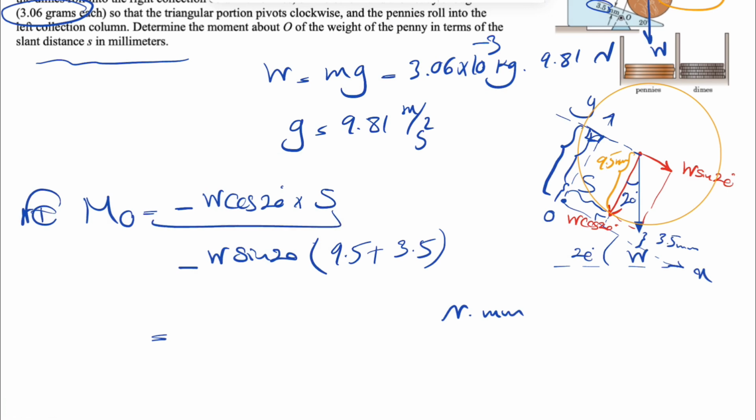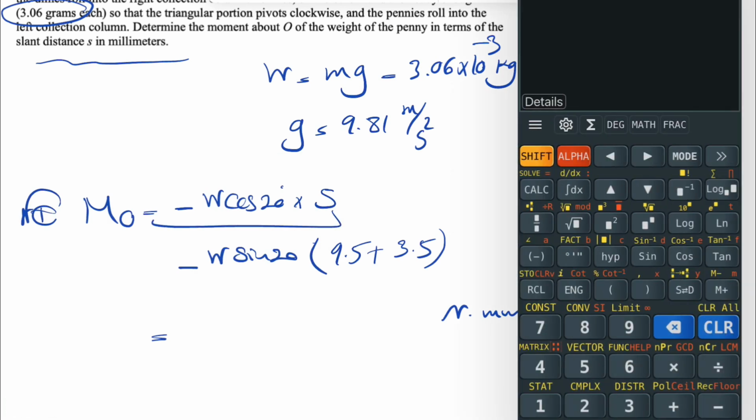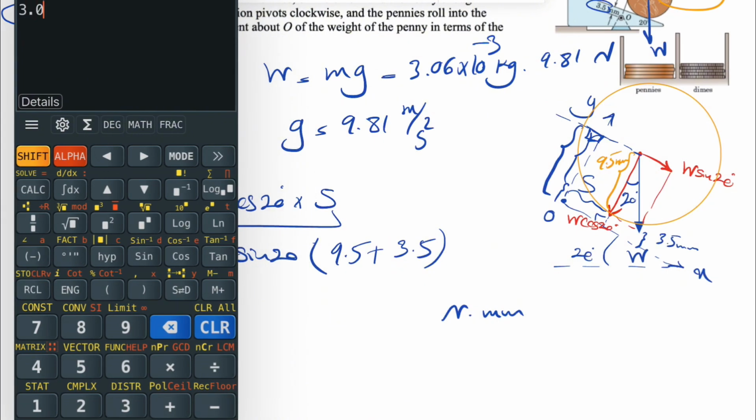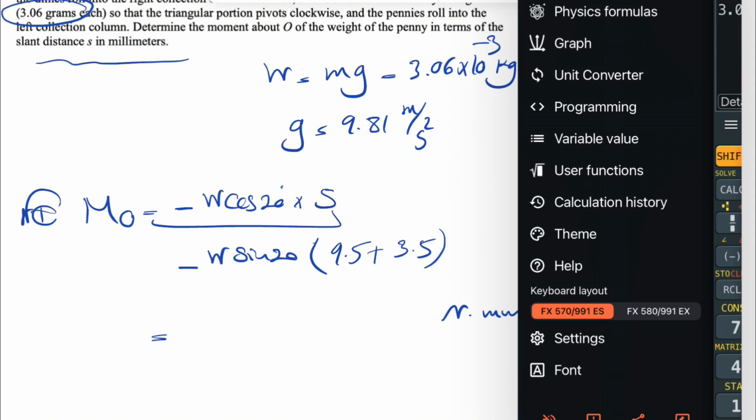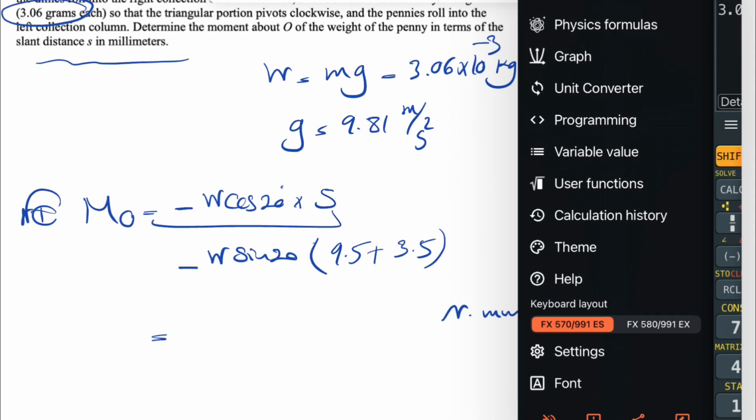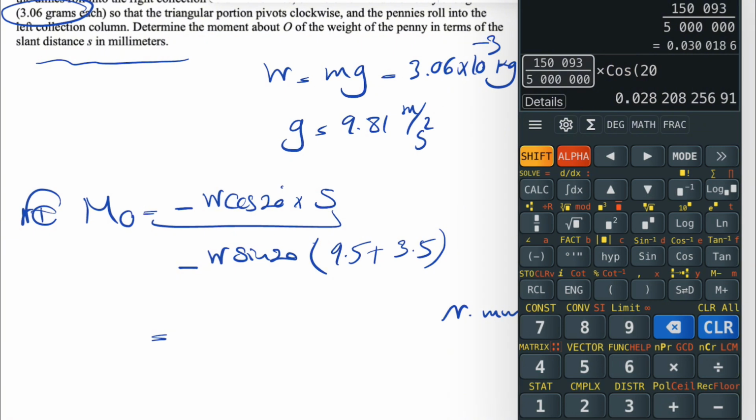All right, let's find the first part. We have the weight, which was 3.06 times 9.81 divided by 1000. That's going to be our weight, 0.0300 newtons, so the first term is 0.028 S, with a negative sign here too.